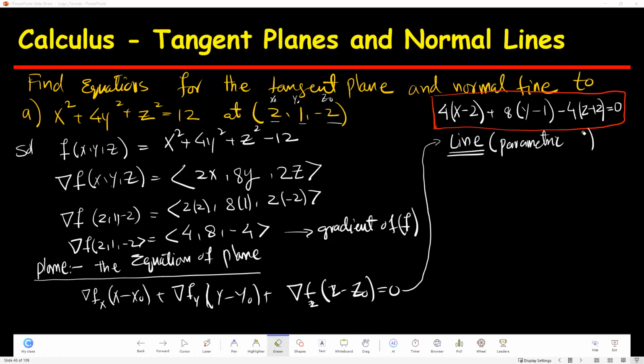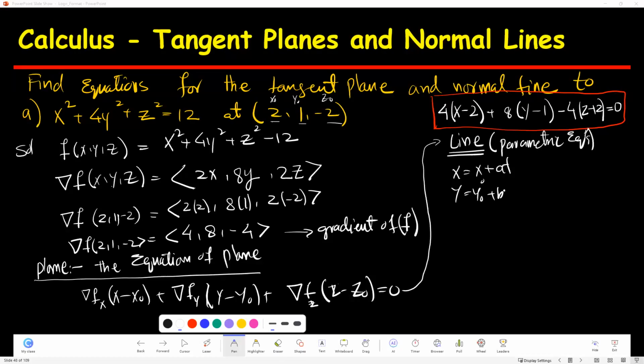We're going to be using the parametric equation here. And this equation is x equals x naught plus at, y equals y naught plus bt, and z equals z naught plus ct.